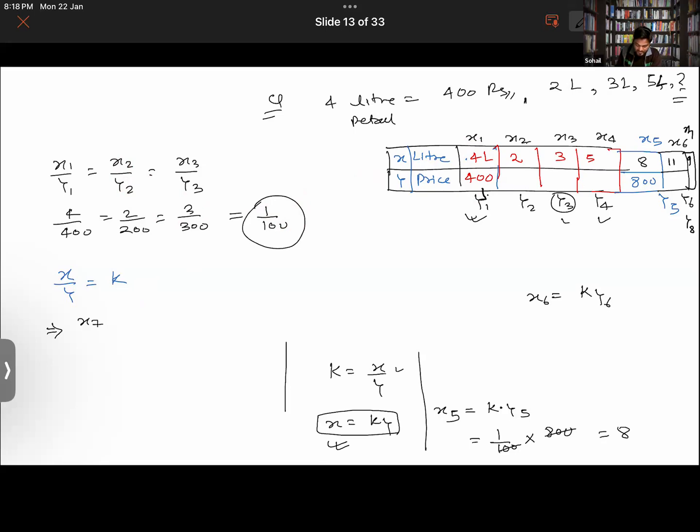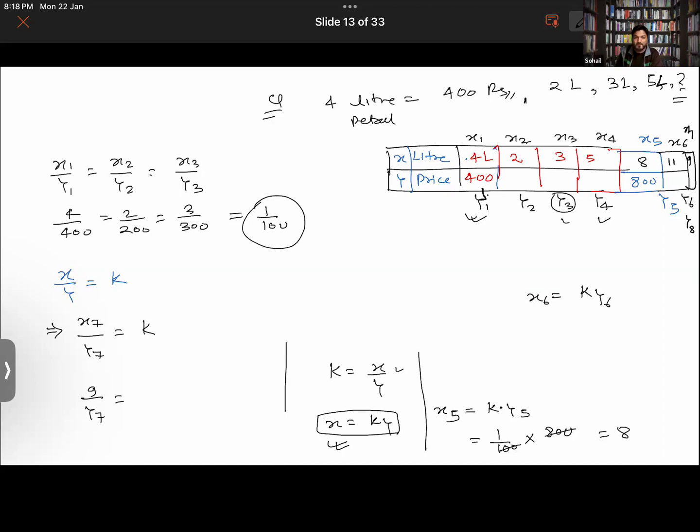Simply x7 upon y7 equals k, and let's say you have to find y7. x7 is given as 9, so 9 upon y7, and k is how much?